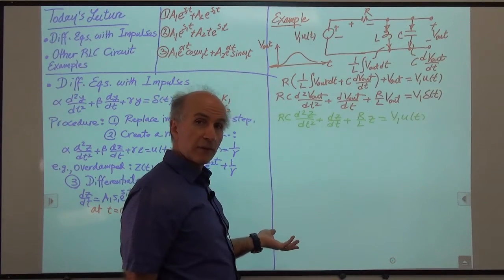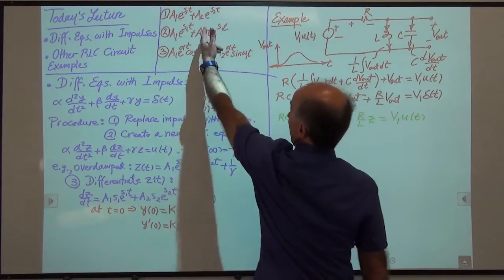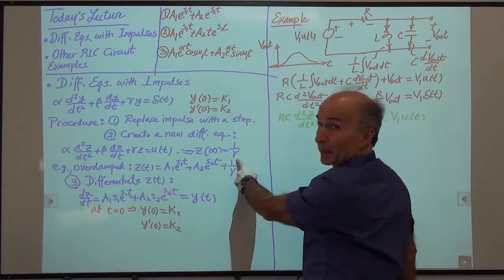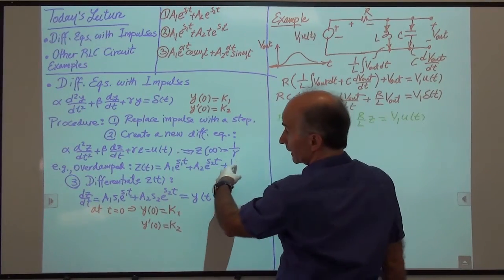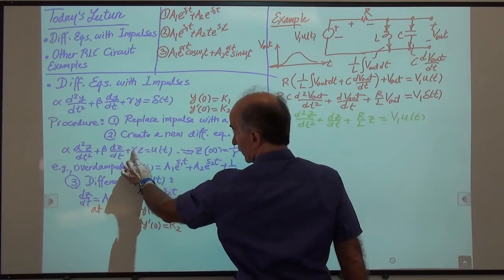Now I have this. What's the expression for Z? Same as before. We said that the expression for Z would be one of these three plus 1 over gamma. Gamma is the ratio; when these go to 0, it is 1 over this.